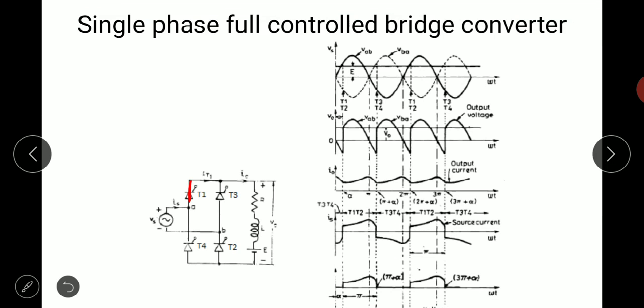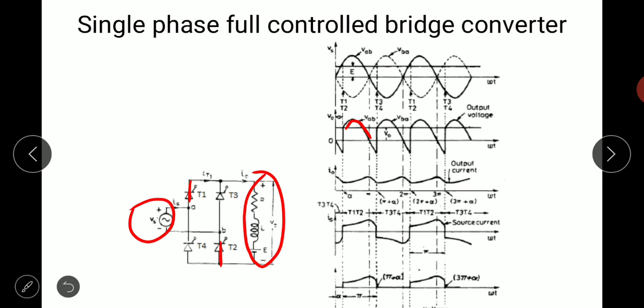This will become short circuited. That means the load voltage V0 will be equal to the supply voltage Vs, and Vs is Vm sin omega t. So you can see that the supply voltage is same as the load voltage. V0 is equal to Vs. This will happen till omega t is equal to pi.